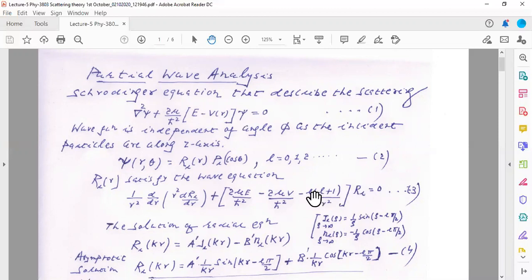And you know that L is the orbital quantum number which takes discrete values, which is quantized, and the possible values are 0, 1, 2, 3, 4.